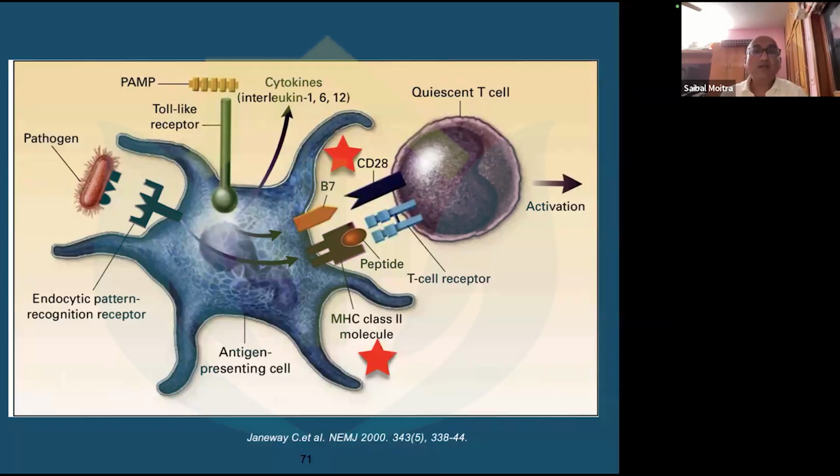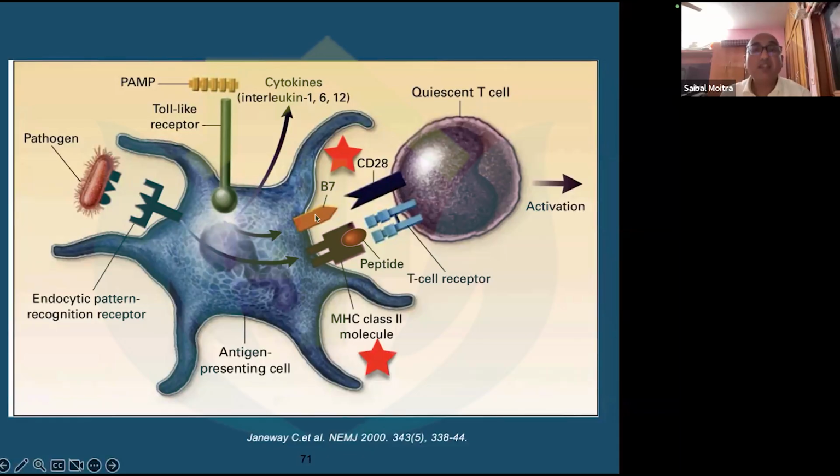The second thing it does is, on the binding of the pathogen PAMP with the TLR, it causes the activation of co-stimulatory molecules, which belong mainly to the B7 family, CD80 or CD86, and they get expressed on the surface.